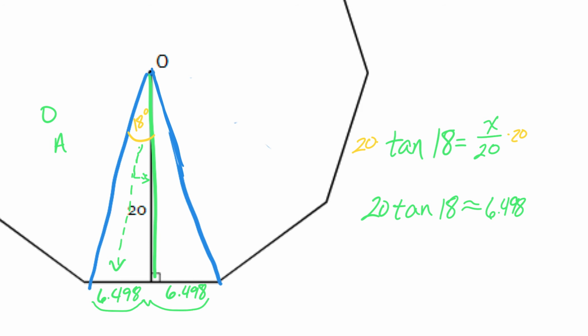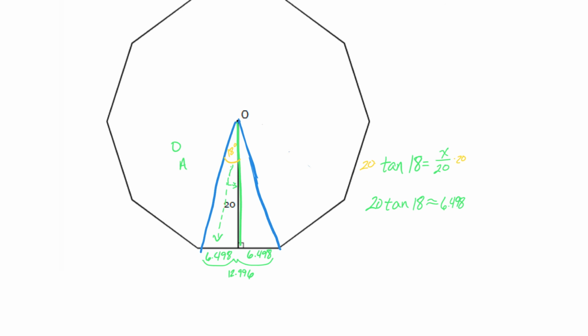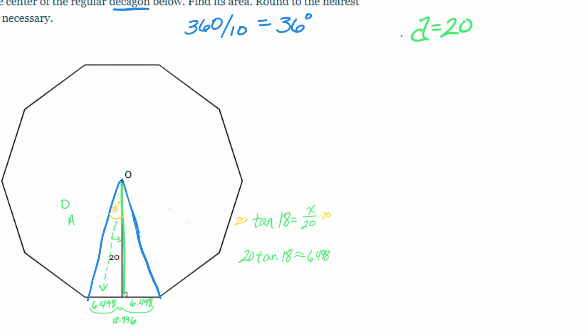Now at this point, you actually could just calculate the area of these triangles and then just multiply it times 10, or we can use the formula I gave you from the beginning. I'm going to work with our apothem formula, which tells me this side is 2.996. So let's go back to this formula and see what we can put together.